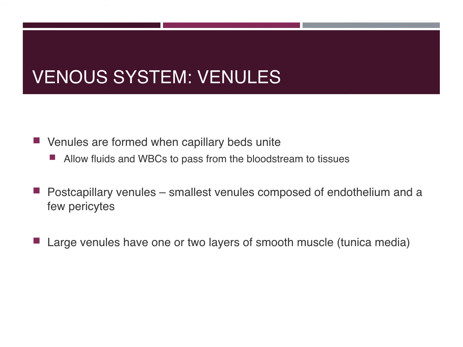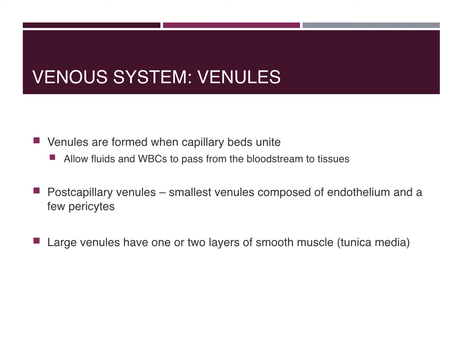So with our venous system, as we exit that capillary bed, those capillaries are going to come together, kind of fuse together, unite to form the venous system, the venules. So we have our postcapillary venules.